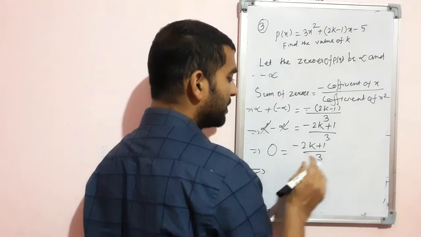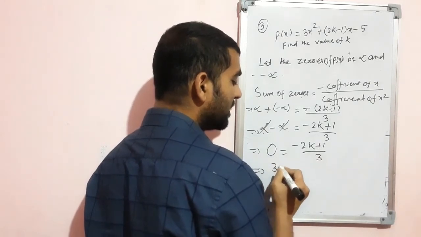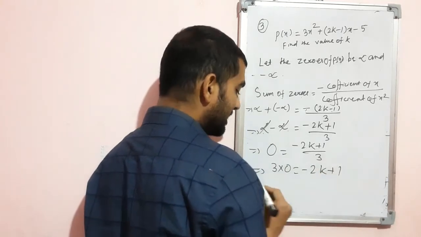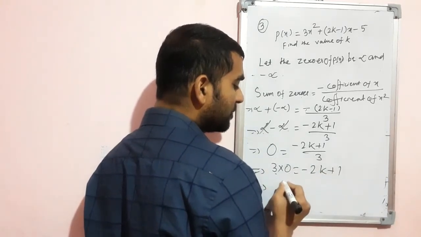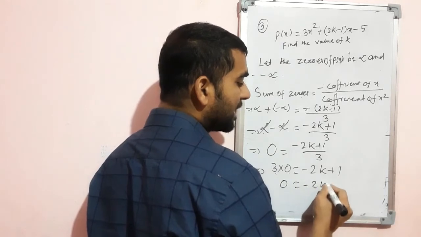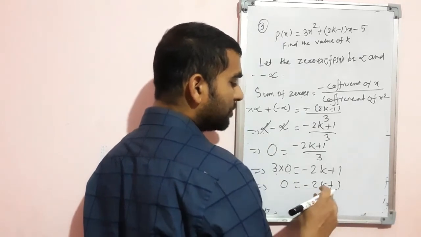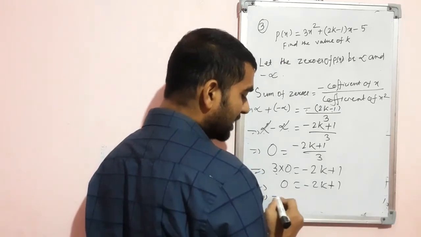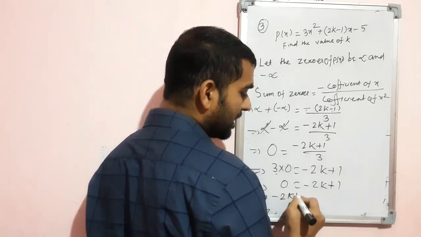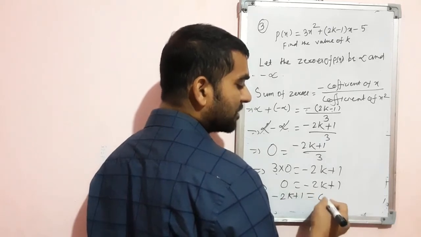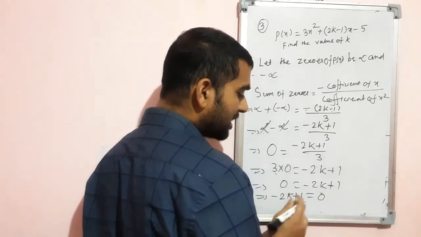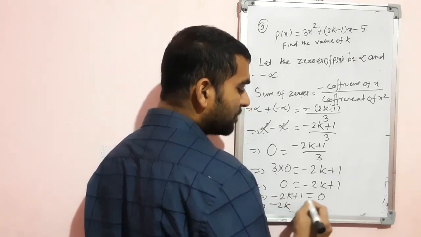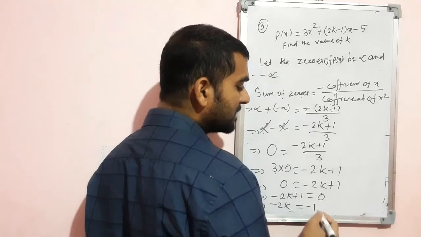Next step, if you take 3 that side, it will be 3 into 0 equal to minus 2k plus 1. Next step, it will be 3 into 0, 0, equal to minus 2k plus 1. I will write like this: minus 2k plus 1, 0 I will write the other side, okay? Next step, take plus 1 that side, it will become minus 1.